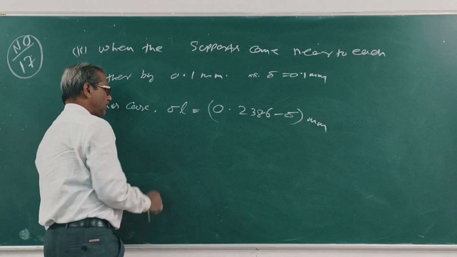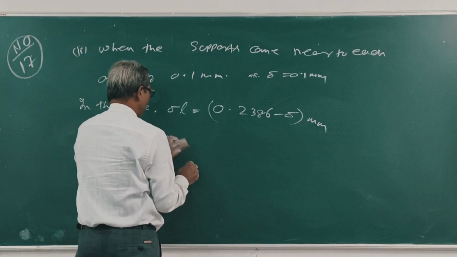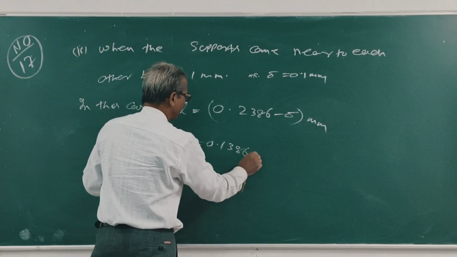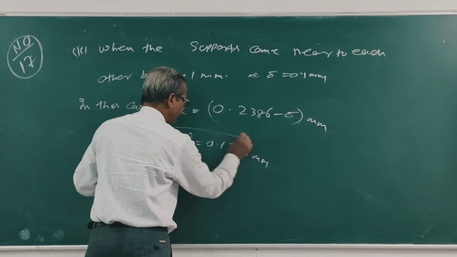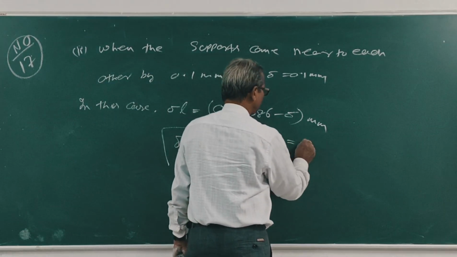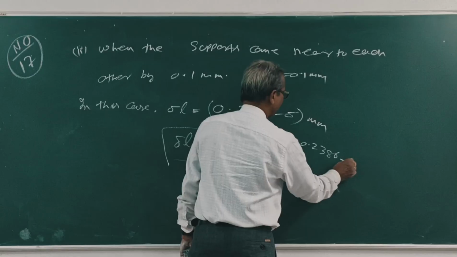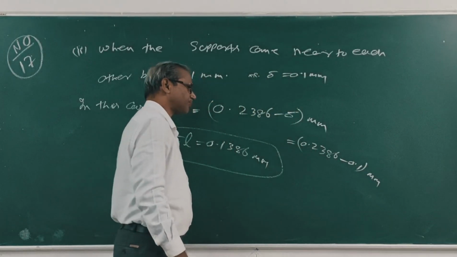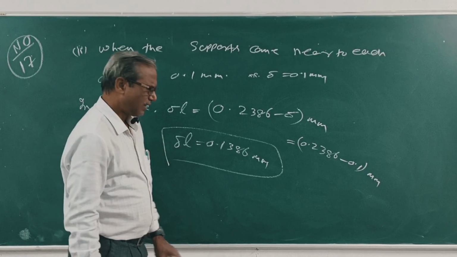This delta is equal to 0.1386 mm. Means 0.2386 minus 0.1 mm. Right? This is delta.